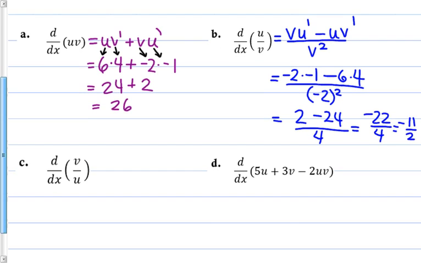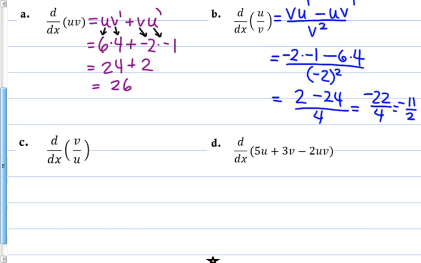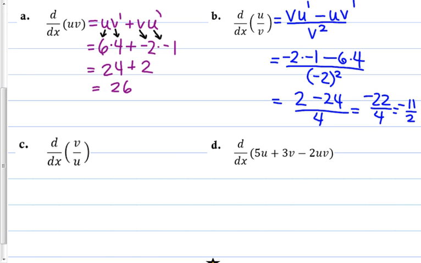All right, moving down to C and D. C is v divided by u. I realize that the letters have changed on us, but the rule stays the same. It doesn't matter what the functions are. In this case, the u is the low part and the v is the high part, but my formula stays the same.